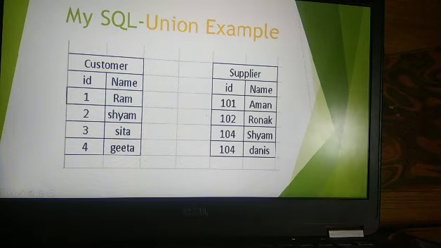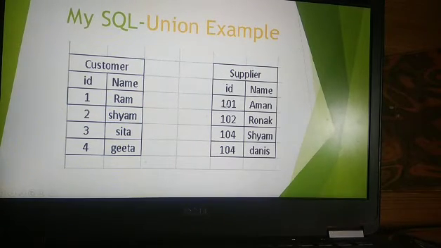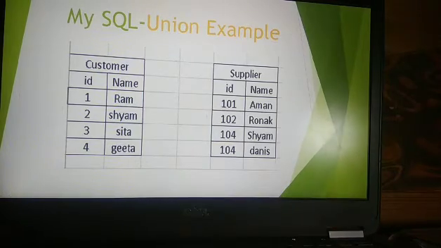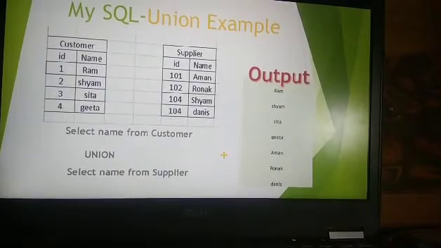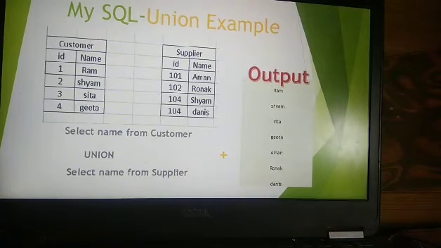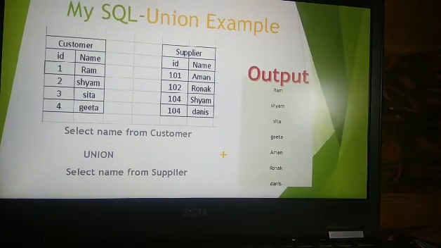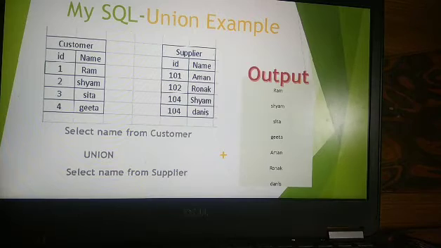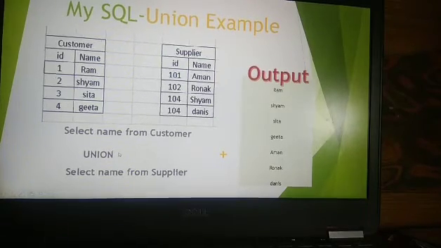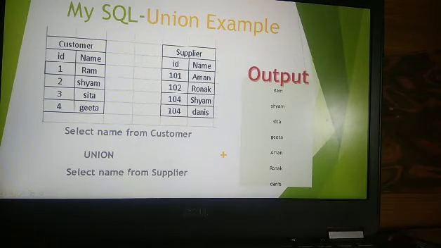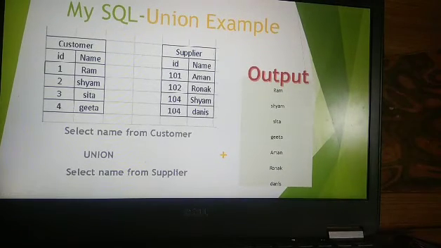In the customer table we have 4 records and also in the supplier table we have 4 records. Now suppose we have to display the names of customers and suppliers. Then we will join both tables, so we will use the UNION operator. But it takes only unique values. If any duplicate value comes, then it will not be displayed.